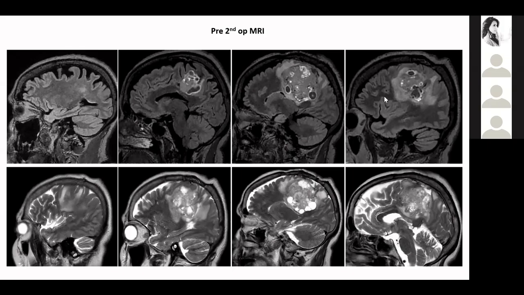So there is significant interval increase in the size of the lesion as compared to the previous scans with heterogeneous texture. And what else I can see? Yes, that's all I can see.